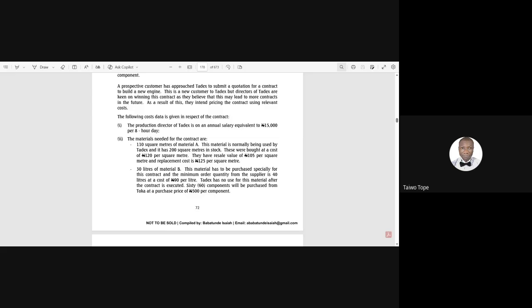But there is no statement regarding you disposing of the remaining 10. There is no statement regarding the net realizable value. Or do we have that in the question? No, sir. There is no statement regarding that. So the relevant cost is how much you are buying the 40 liters that is needed.